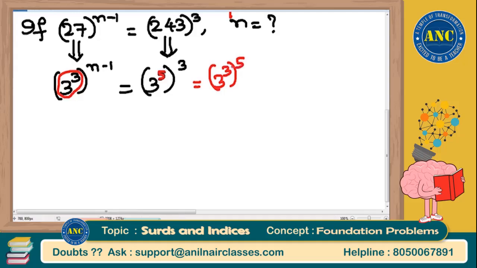Both are exactly same from the laws of indices. Base in the left hand side is 3 power 3, base in the right hand side is also 3 power 3. Bases are same. Equate the power. n minus 1 is 5. n should be 6.